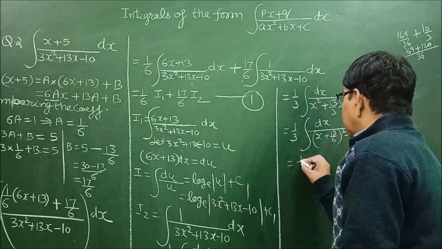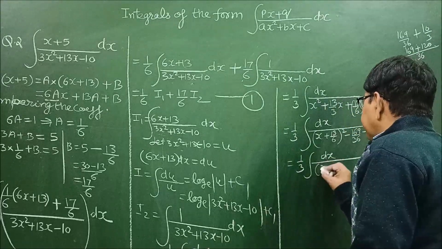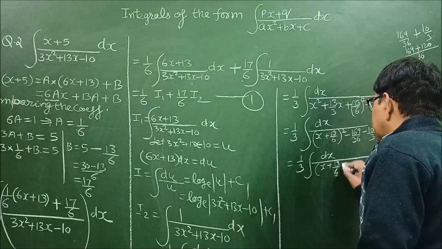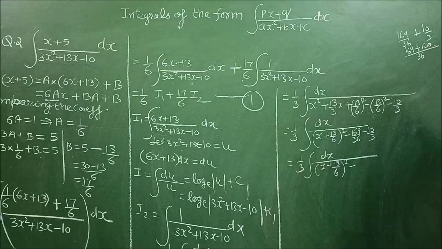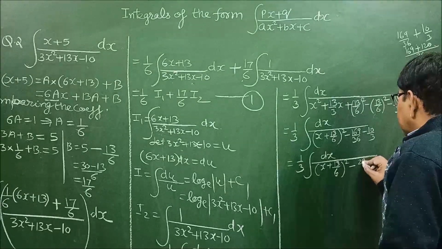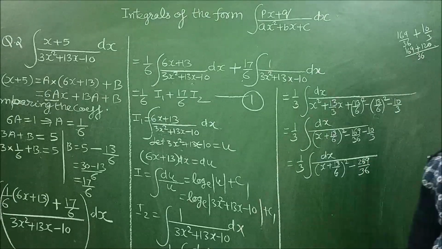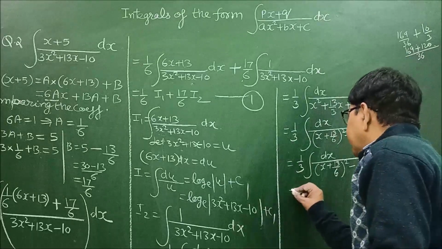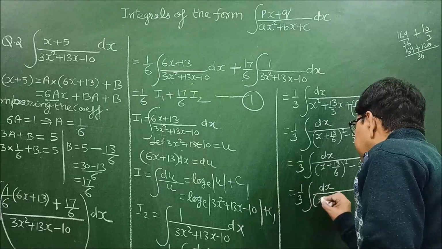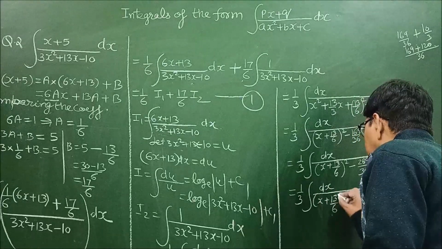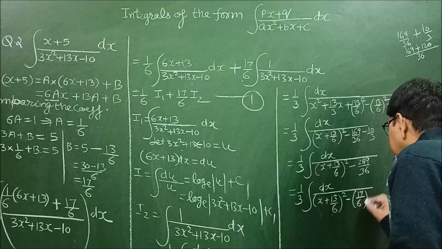So this is equal to 1 by 3 ∫ dx upon (x + 13/6)² − 289/36, and 289 is the square of 17. So we can write this as 1 upon 3 ∫ dx upon (x + 13/6)² − (17/6)².